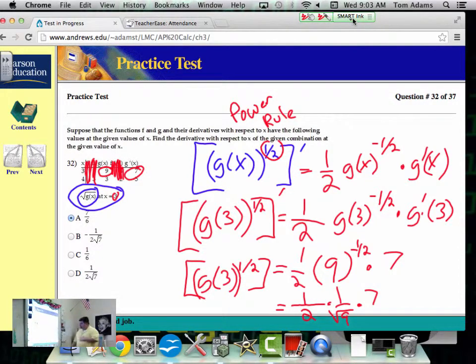Well, what is the square root of 9? 3. So the answer is 7 over 6. Does that make sense?